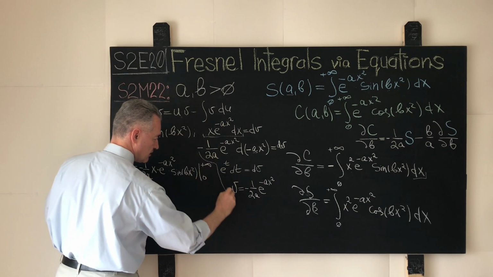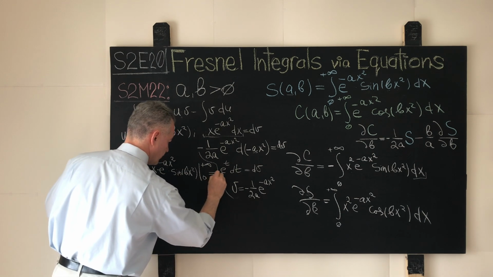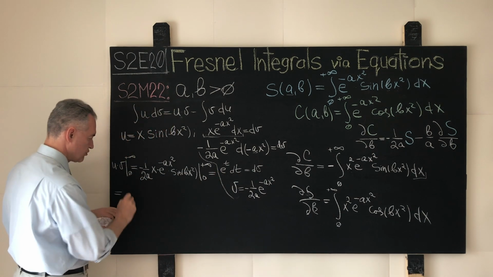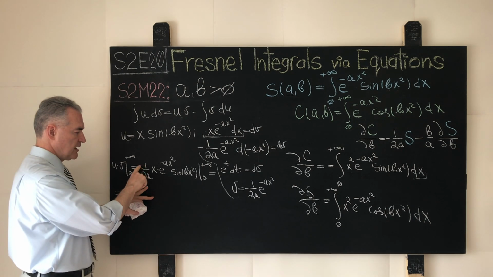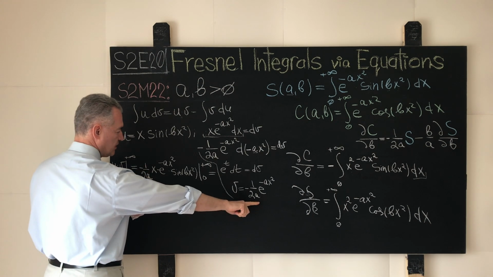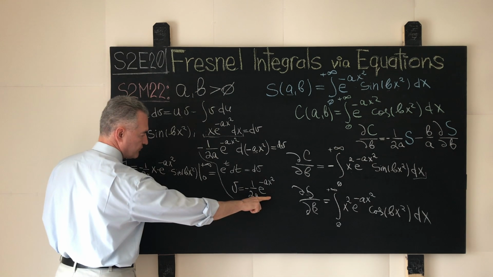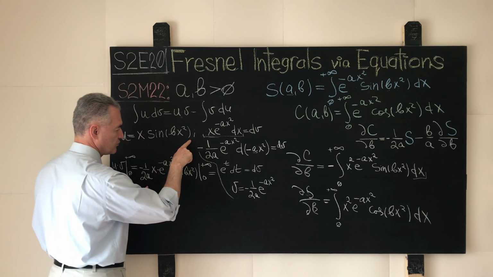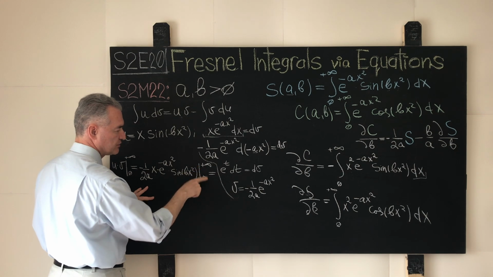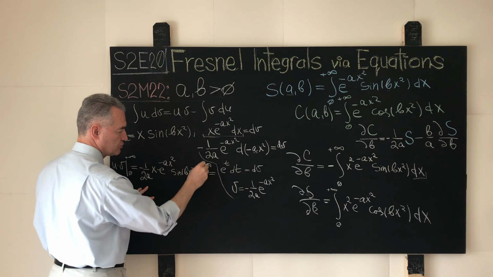Let me delineate this. So far so good. We're all on the same page. Negative 1 over 2a from v, x from here, power of the exponent from here, the trigonometric function of sine from here, and the boundaries of integration from 0 to positive infinity.